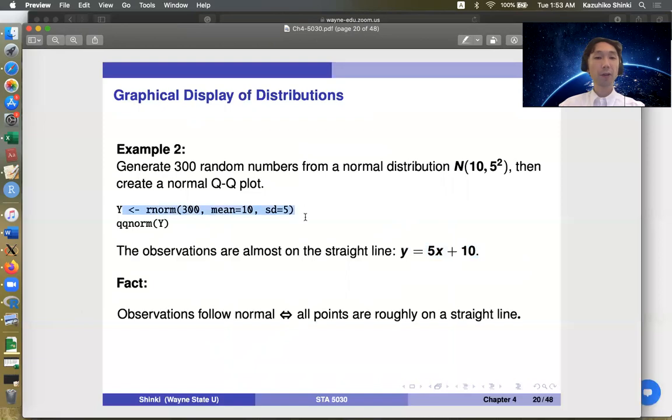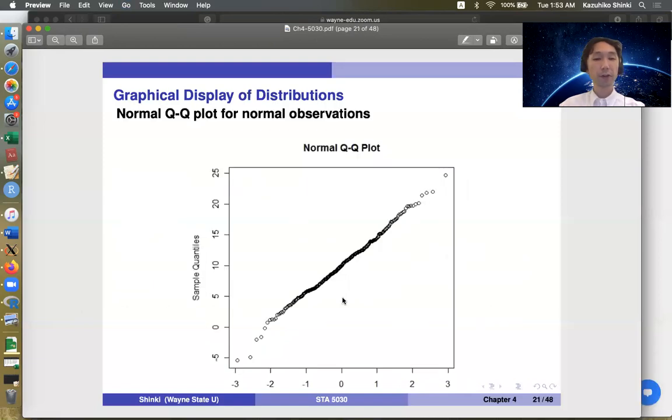So we run this code, generate the QQ-norm, and it looks like this. It looks almost the same as the last example, but look at the scale for the sample quantile. The center is 10, and the tick marks are at 10 and 15, so the increment is 5.